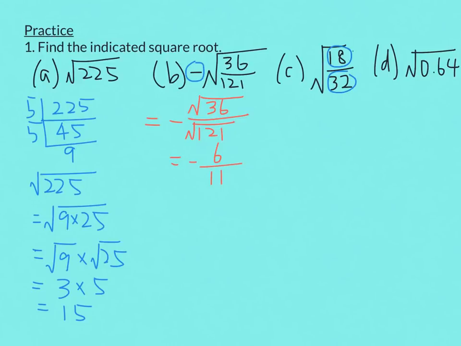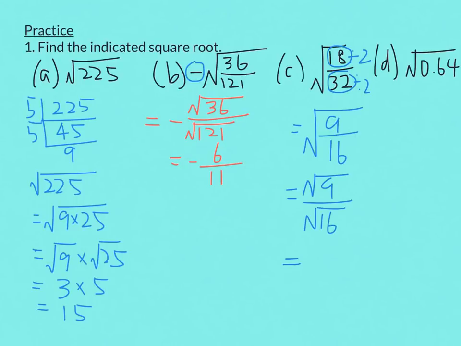So you can divide 18 by 2 and 32 by 2. So you end up with a square root of 9 over 16. Now we can apply the quotient property of square roots to simplify this problem. So you have square root of 9 is 3, square root of 16 is 4. So the answer is 3/4.